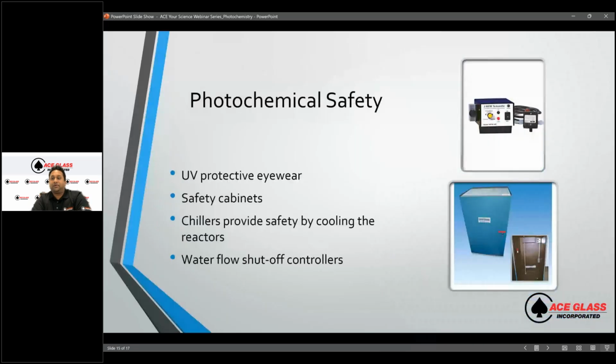And of course, when you're practicing photochemistry or photochemical applications, you want to make sure that you're as safe as possible.